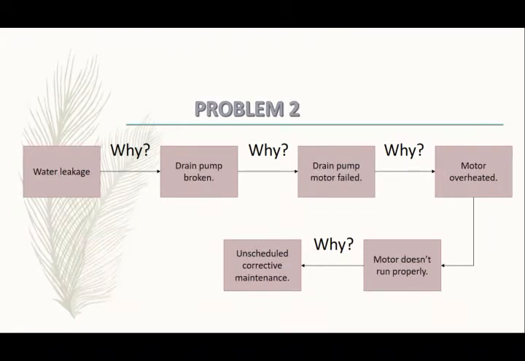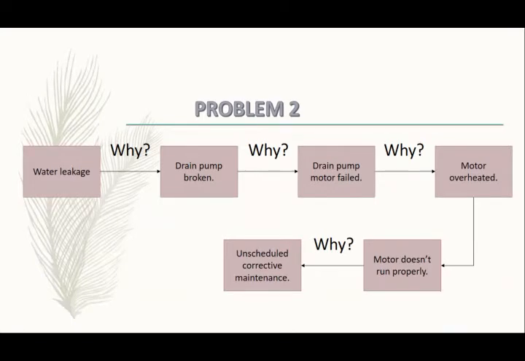Our second problem for this analysis is the water leakage. Our first why was discovered: the drain pump broken. The drain pump broken because the drain pump motor failed. And why the drain pump motor failed? It is because the motor overheat and because the motor doesn't run properly.